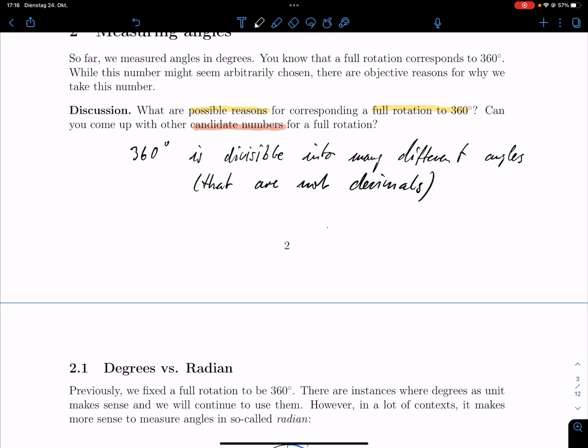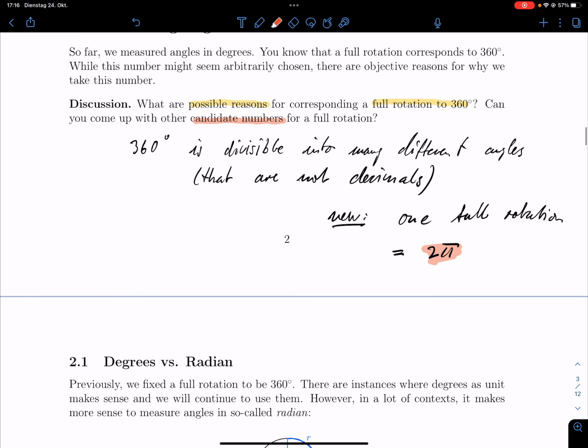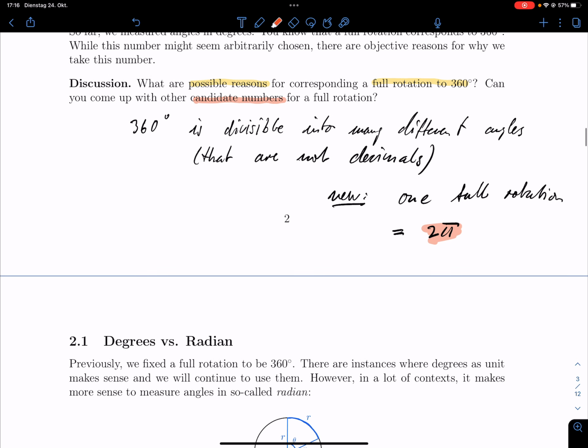So one full rotation is 2 pi. The reason is, you might already remember that one full circle is 2 pi times the radius, and if you fix the radius to 1, you get exactly 2 pi.